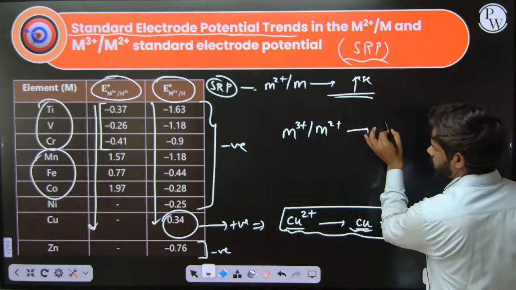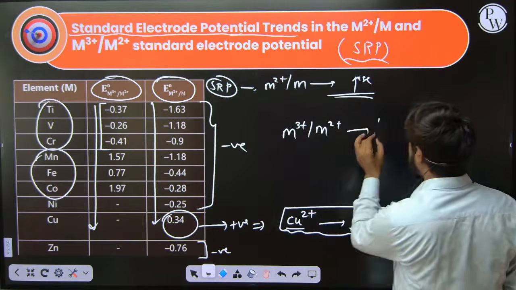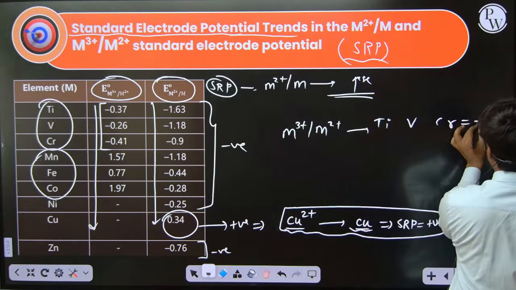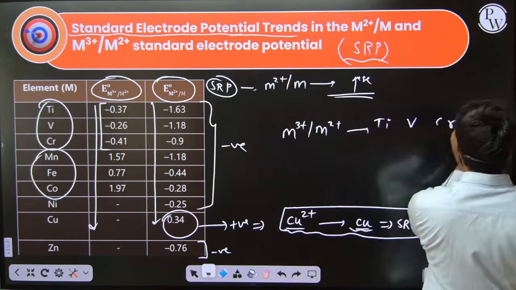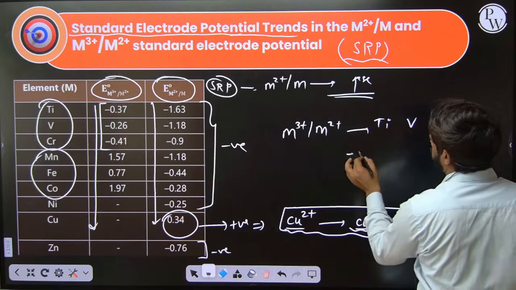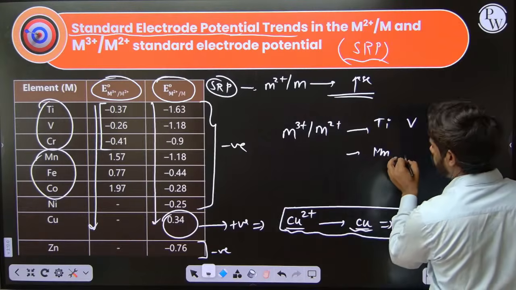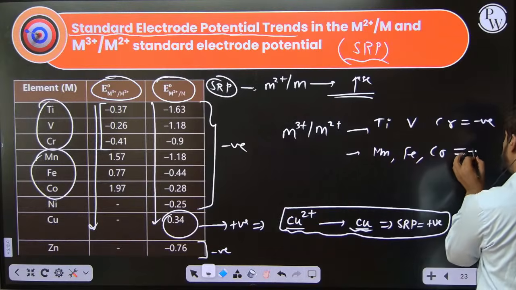So here, scandium is not given. For titanium, vanadium, chromium, the SRP value is negative. For the second group, Mn, Fe and cobalt, it is a positive value.